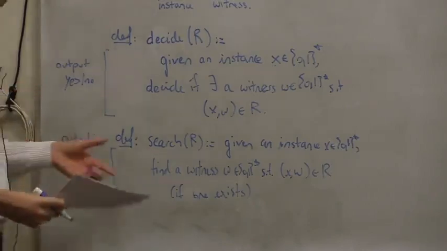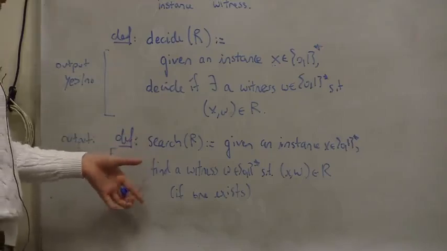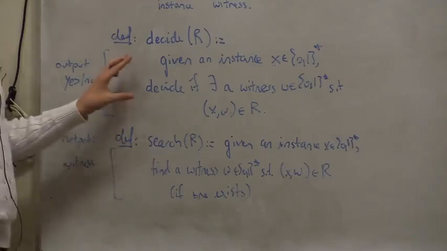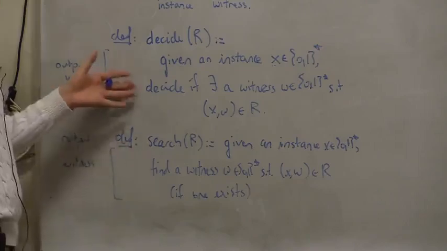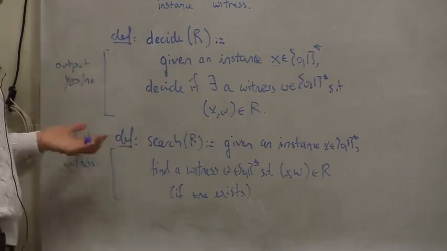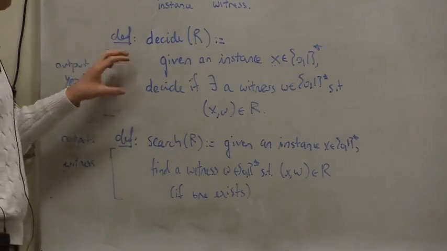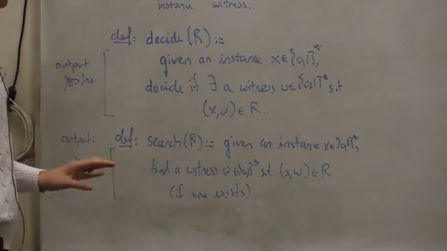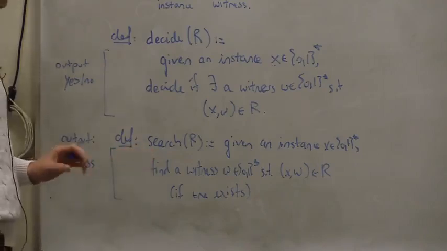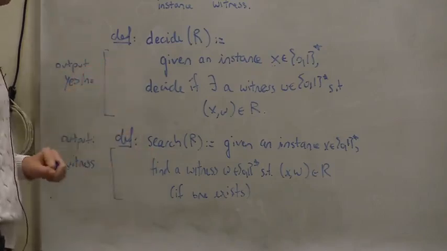Now clearly, if you are able to solve Search R, then you're also able to decide R, because if you did find a valid witness, then it is because there is one. If you didn't, then it's because there isn't one. Less clear is whether, if you can solve Decide R, you are able to solve Search R. At some point there might be a homework problem where you will see that there's actually a reduction the other way.